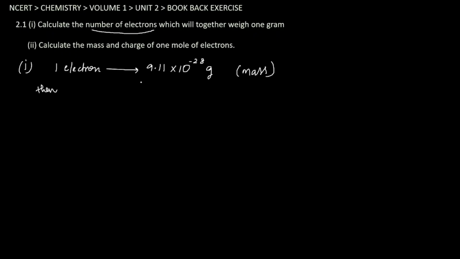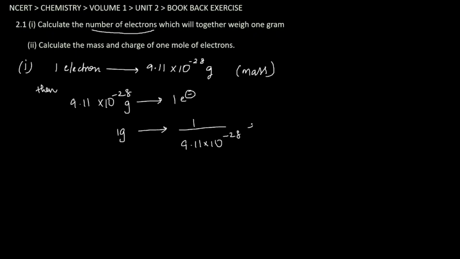Then I'm just writing the reverse of the above: 9.11 into 10 power minus 28 grams corresponds to 1 electron. Then 1 gram corresponds to how many electrons? Let's take this 9.11 into 10 power minus 28 to the denominator on the other side. So this many electrons are there in 1 gram.